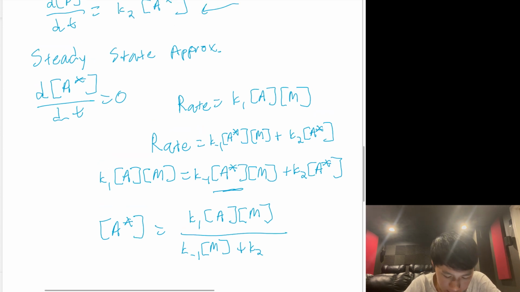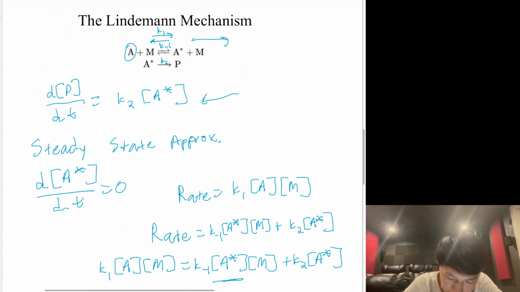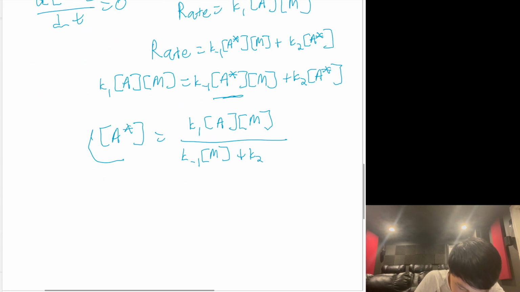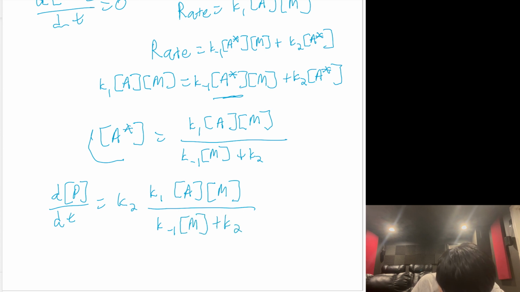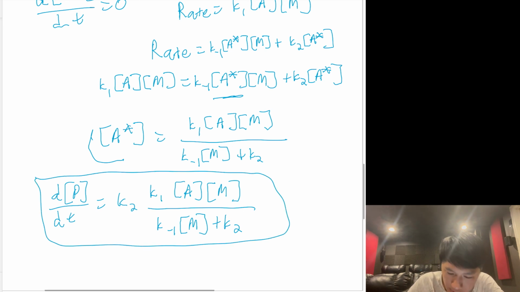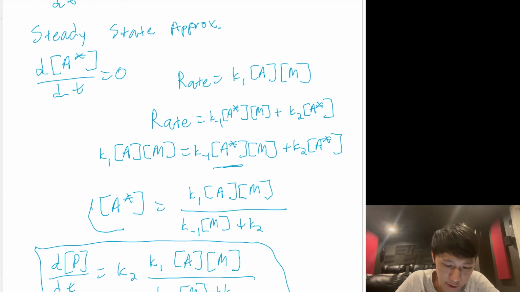Then if we plug this form of A star into the equation up here, we're going to get dP/dt equals k2 times k1 times A times M divided by k-1 times M plus k2. So this is our final rate law. And let's see how it applies to the problem we have above.